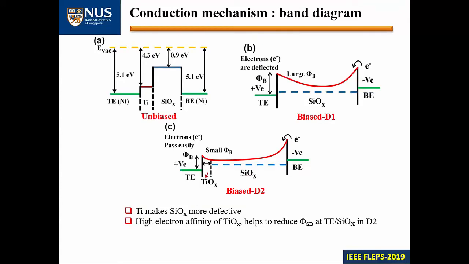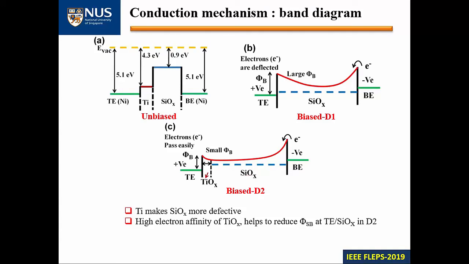For better understanding, the band diagram is illustrated here. Since the Ti interfacial layer has a higher Gibbs free energy, it will take oxygen from the switching material, the silicon oxide, and this will make the switching material more defective, and thus the leakage current will increase and the forming voltage will decrease.